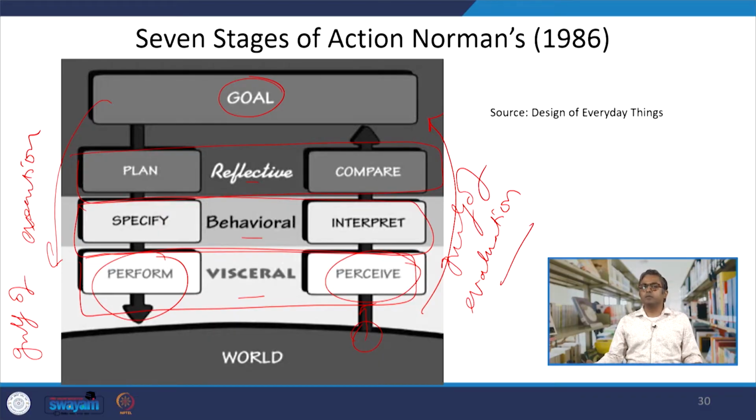What kind of plan will be optimal? What kind of plan will be effective? Not only that, but we also have to compare the stages which need to be executed. There we need a reflection upon which stage is better than the other.